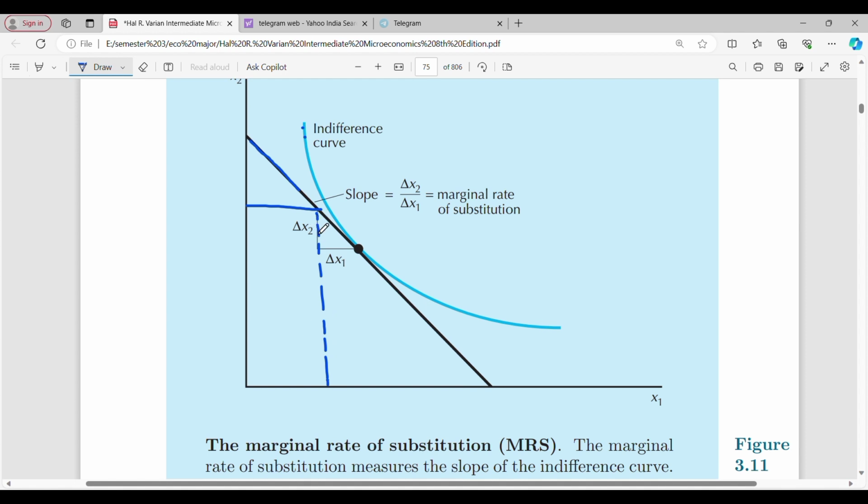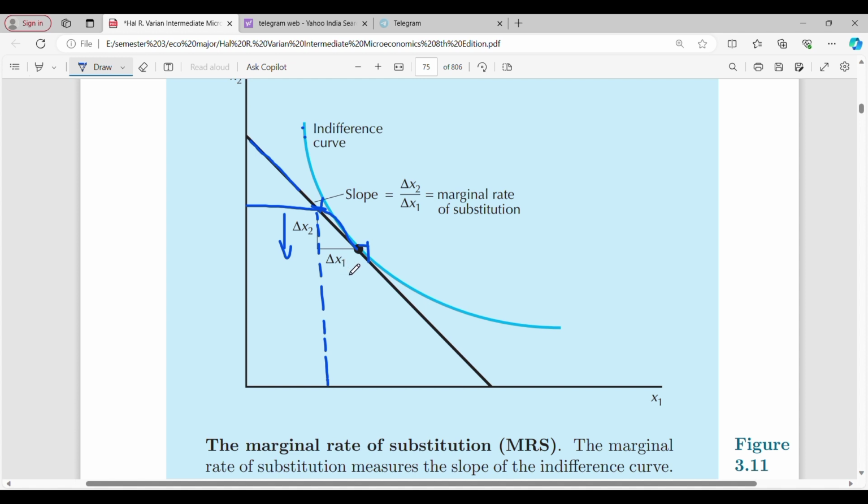From here to here, x2 decreased. So the change in x2 from here to here: first the bundle was here, then now it is here.